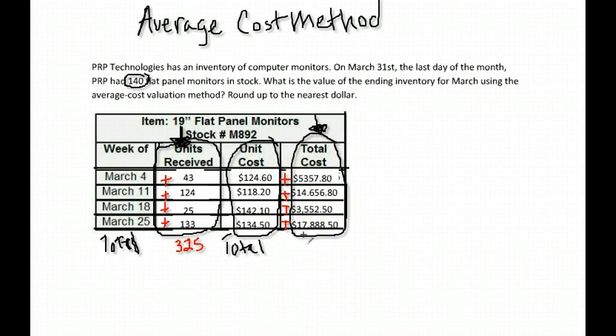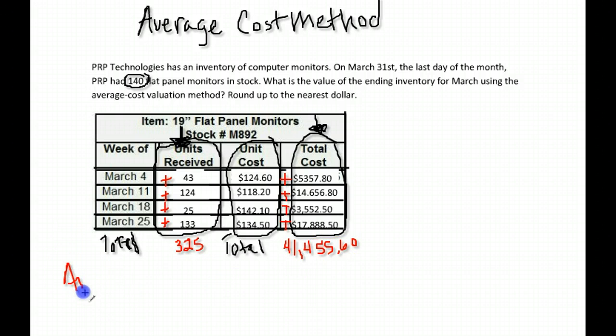So we need to add 53, 57.80, 14,656.80, 3,552.50, and 17,888.50. Okay, we get a total cost there of $41,455.60. Okay, so this is our total items and our total costs.